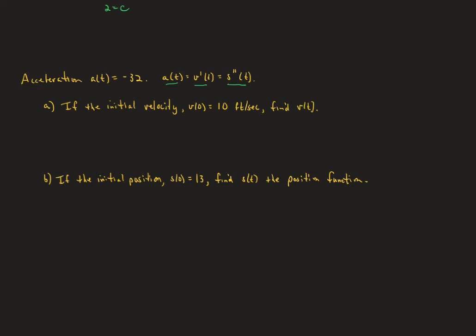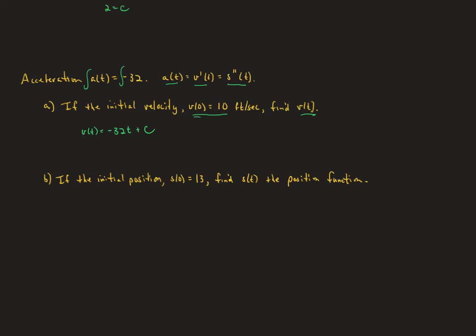So first, if we know the initial velocity, the velocity at time 0 is 10 feet per second, can we find the velocity v of t? So we'll start by integrating here, and the integral of v prime will be v of t. The integral of negative 32 is negative 32t, because we're integrating with respect to t, plus c, the constant of integration.